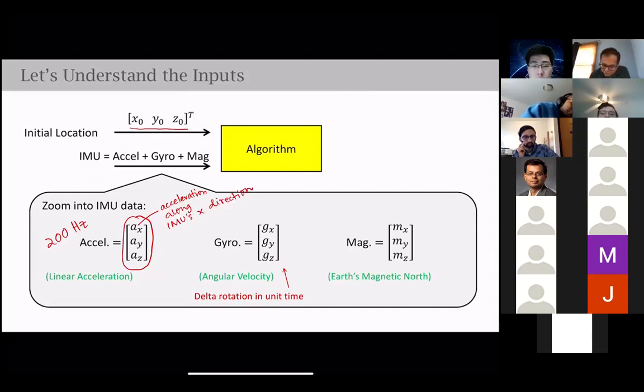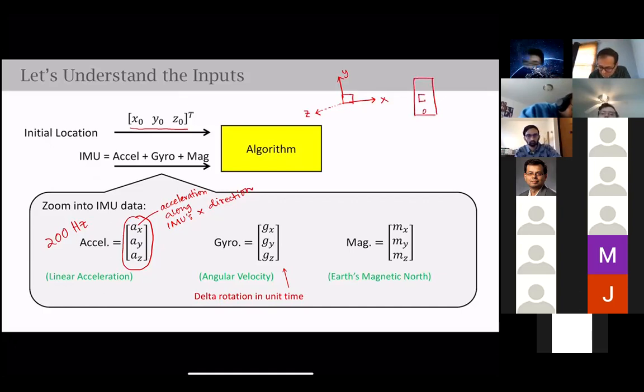Okay, so if you think of an IMU, this is the IMU chip. It has an X direction, a Y direction, and a Z direction which is coming out of the paper. As the IMU moves, it gives you the X, Y, Z direction acceleration.